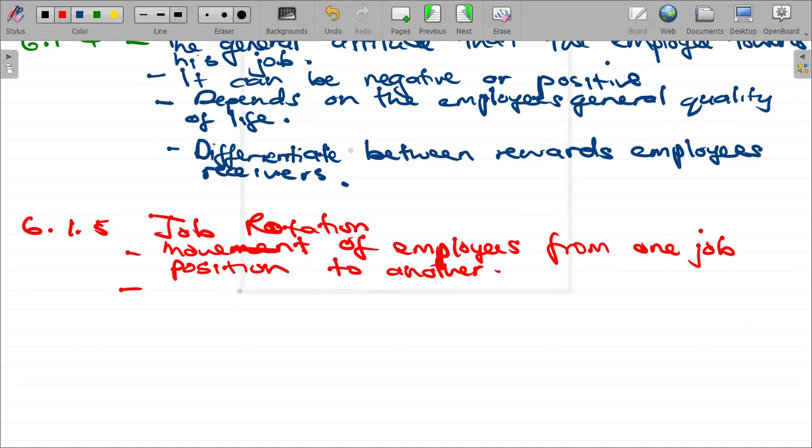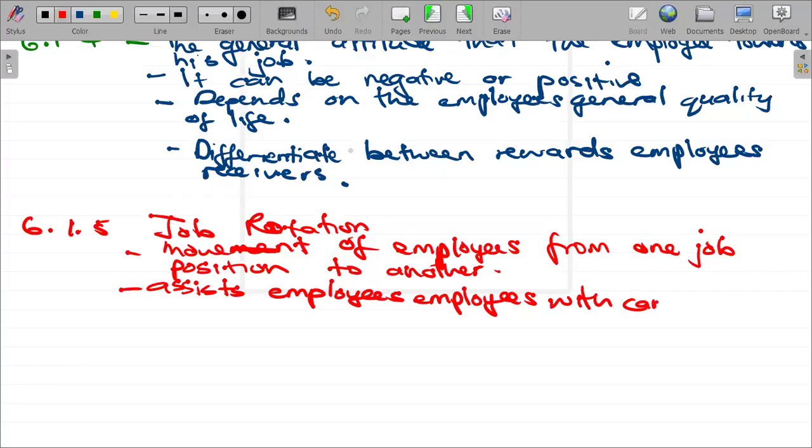And this type of rotation assists employees with careers. One will be able to identify where his strength is, right?